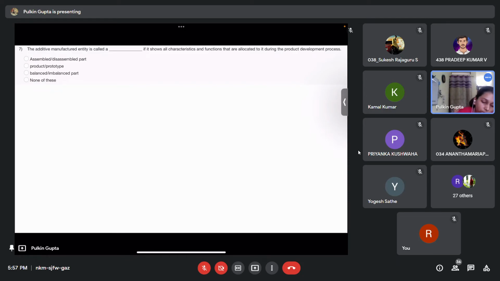So whenever the object displays its function, it is said to be the product, or if it is a scaled down or scaled up version of it, then it is called a prototype.